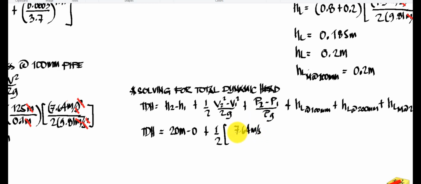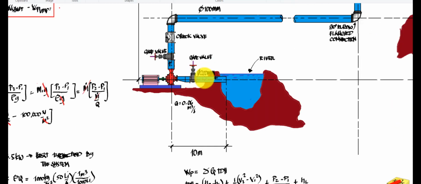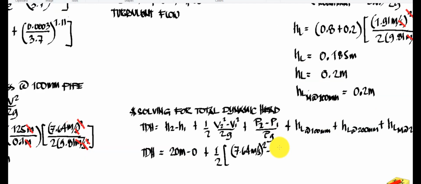So this will be raised to squared minus the velocity 1, so that will be on the suction, which is the 200 mm pipe, and we have the velocity, which is 1.91. So we have 1.91 meter per second, raised to square. Now this is divided by 2 times the 9.81, the acceleration due to gravity.